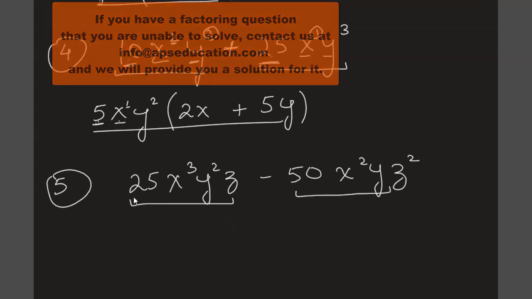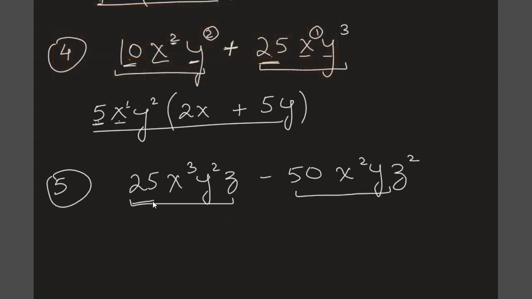Now, to find out my factor, I always have to look for my greatest common factor. 25 and 50, they both come in the table of 5, and they also come in the table of 25. And 25 is the highest number where we would see both of these numbers in the table. So we'll take out 25 as the common factor because this number has to be the greatest common factor.